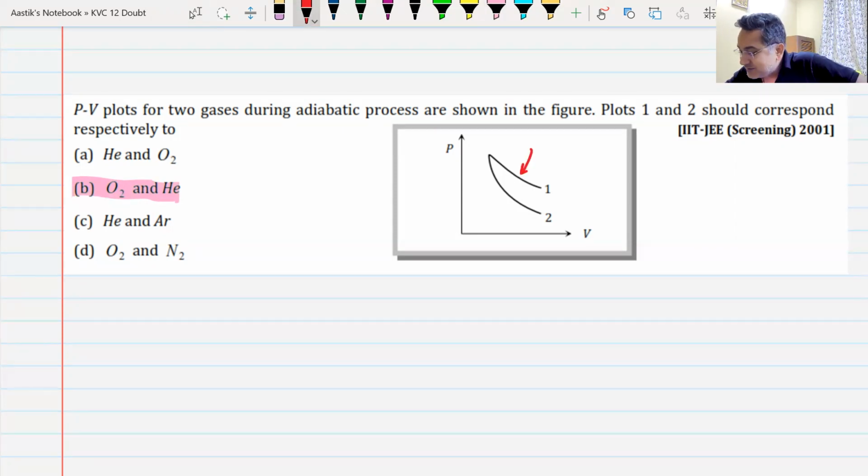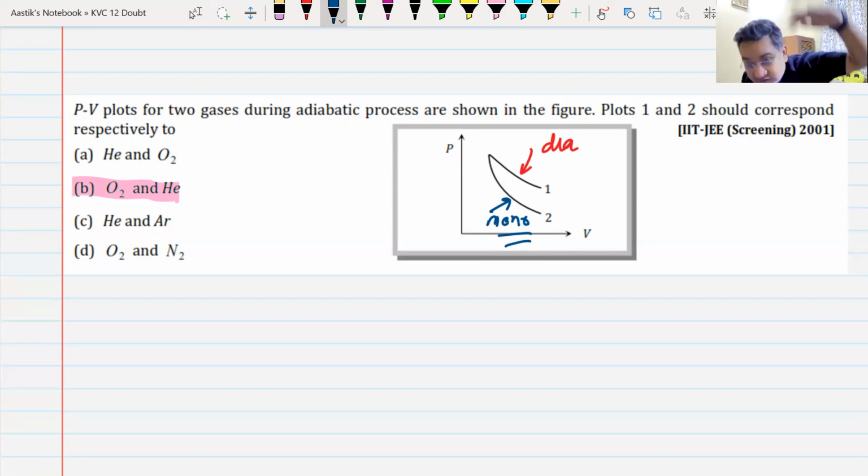This has to be my diatomic gas, my dear friends. Less slope, less gamma. More slope, more gamma. Monoatomic has more slope, more steep. This is helium, my dear friends.